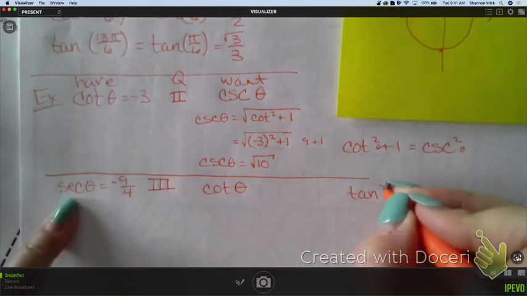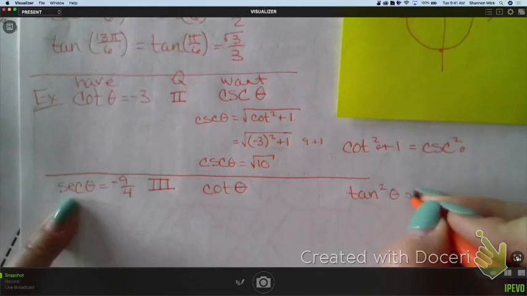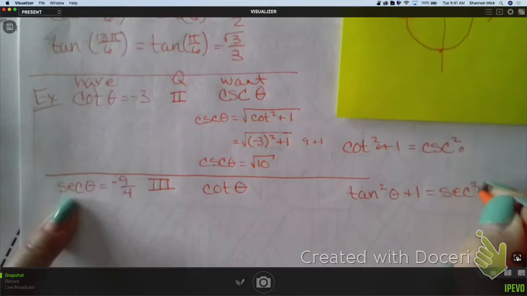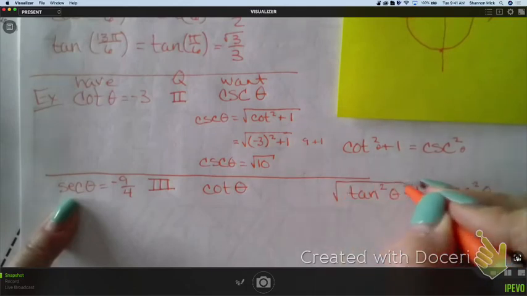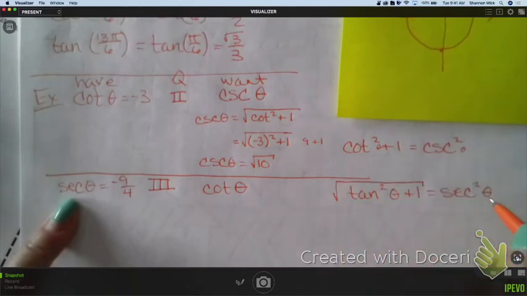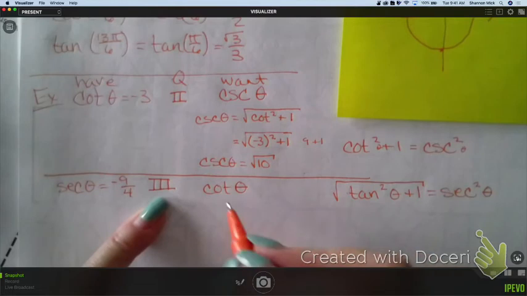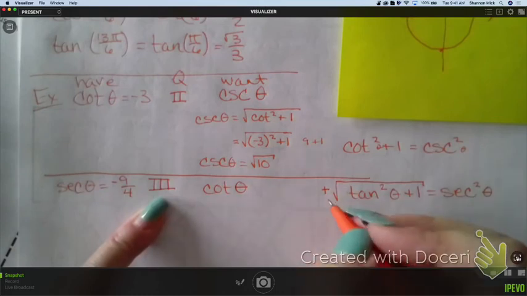Okay, so we have tangent squared theta plus 1 equals secant squared theta, yes? So then I would take the square root of this, wouldn't I? And is it going to be positive or negative in this case? Positive, because cotangent is both x and y, so it's going to be positive. So it's the plus, and I write the plus. When I make a decision, I write the plus or the minus, okay?